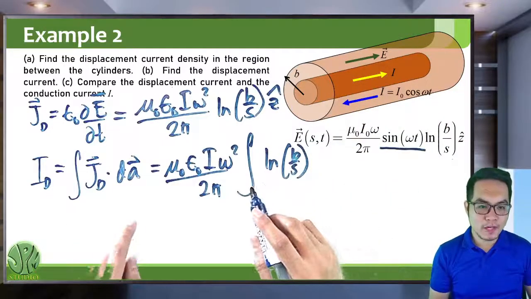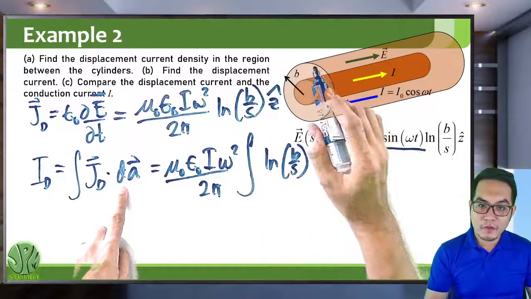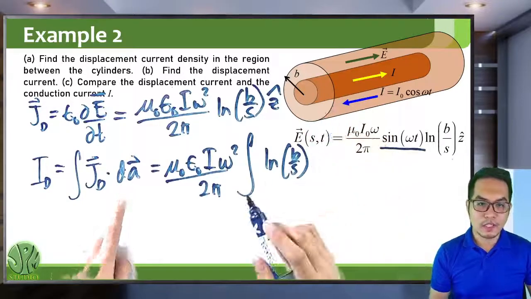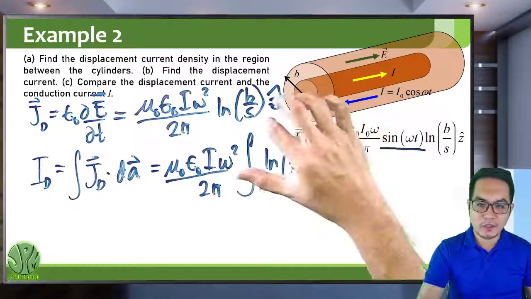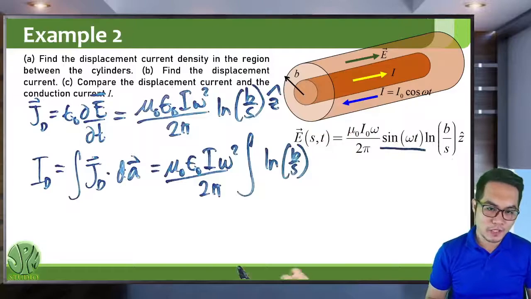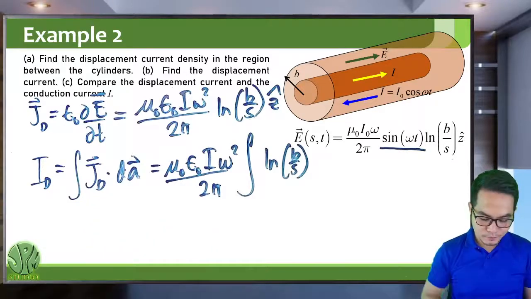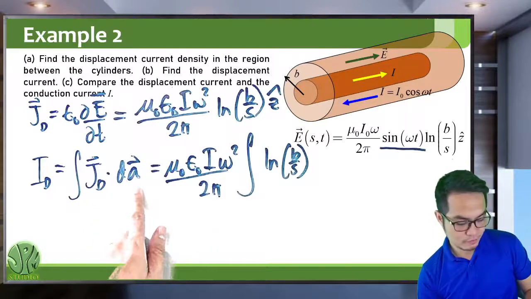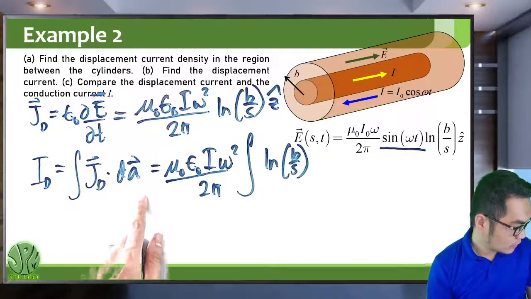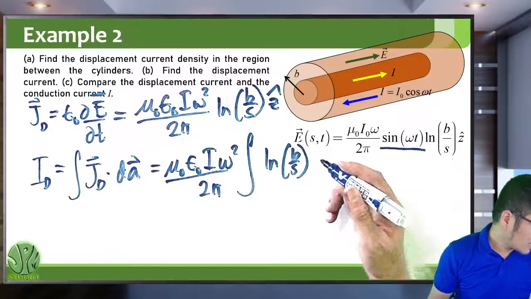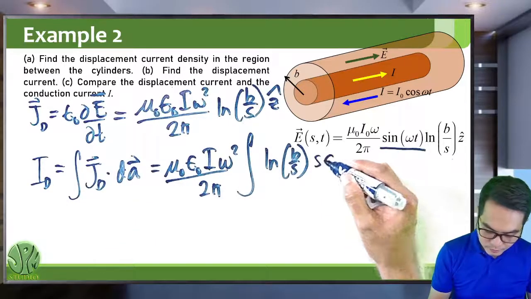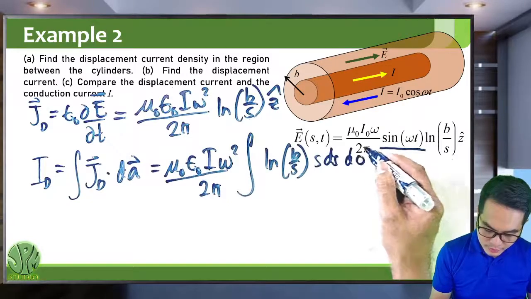Then you will expect that the area vector is also oscillating with the displacement current density, because the current is oscillating. So J dot dA is just J times dA, where dA is also in the z hat direction. So you will get S dS d phi. This is the area, S dS d phi.